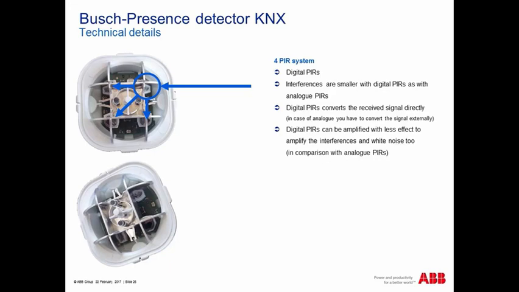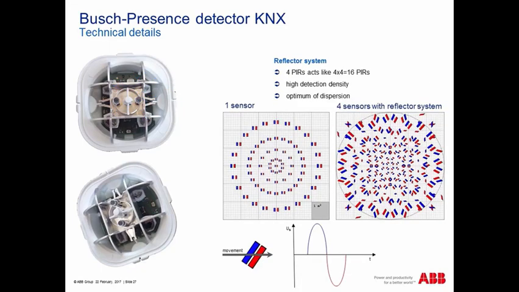So this is why we have digital PIRs here, more accurate. You can amplify it a little bit better without amplifying interferences and white noise. In comparison to other presence detectors, this is a very big USP, a very big benefit. The reflector system, of course, here only an example.